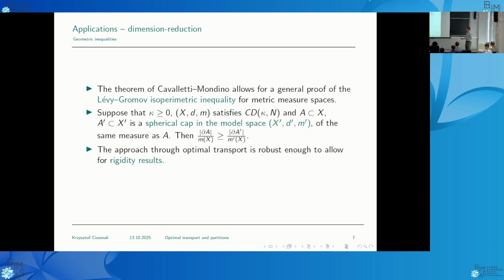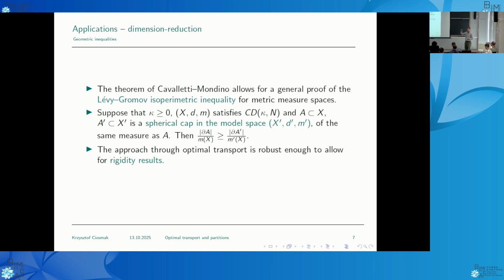And that's it. But there is more to gain from the methods of Cavalletti and Mondino, and this is that the methods also allow us to obtain rigidity results. So we can ask ourselves what happens if we have some space X that satisfies this CD condition and some set A for which we have equality here. It turns out that in that case, our space itself has to be a spherical suspension of some space.